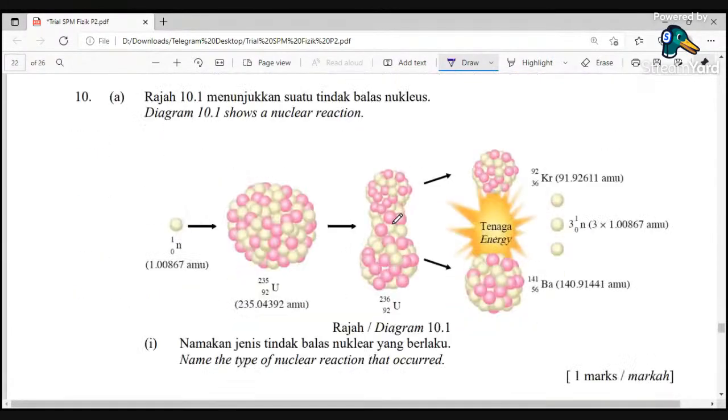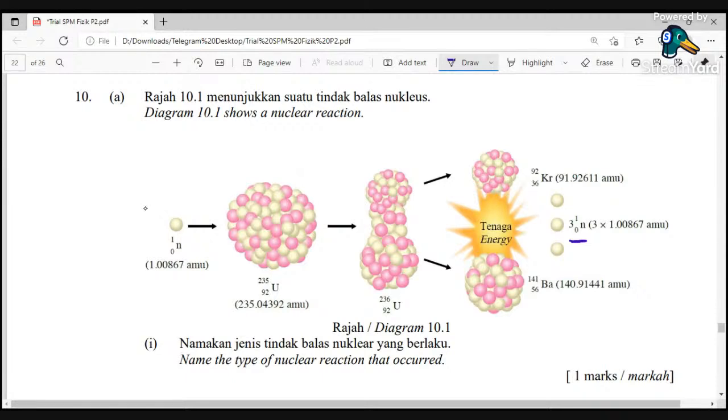Okay, number 10. 10.1 shows nuclear reaction. Okay, so we have a neutron bombard uranium. It causes it to split to two, krypton and barium. At the same time, release 3 neutrons. Name the type of nuclear reaction that occurred.